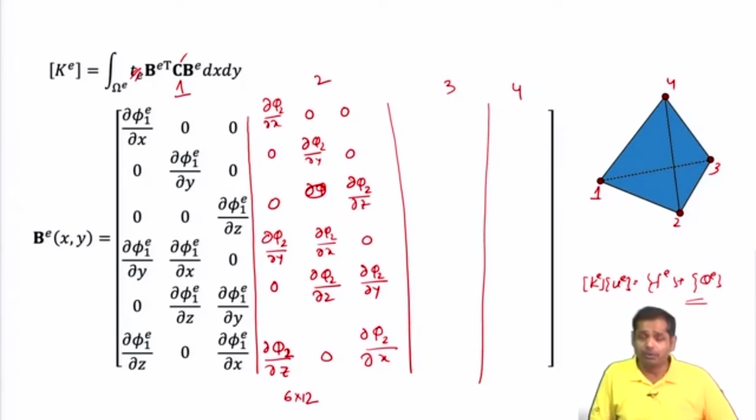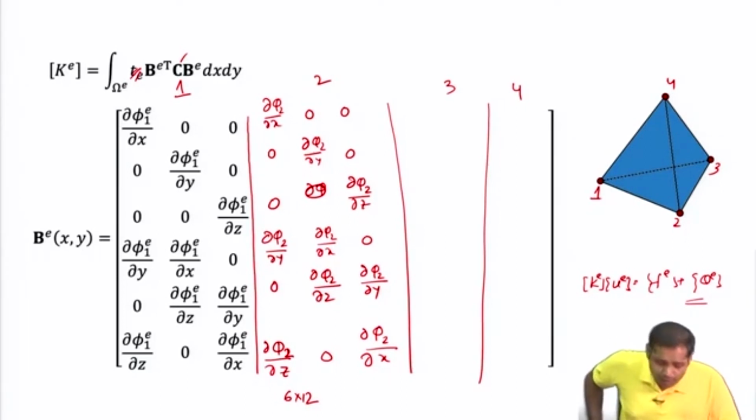We are not going to do the same exercise here in the case of three-dimensional problems. I leave it to you. If you face any difficulty in translating this into a computer code or understanding any steps in three-dimensional problems, you can write in the forum and we can have a discussion there. Okay, so this is how the finite element method can be applied to a three-dimensional problem.